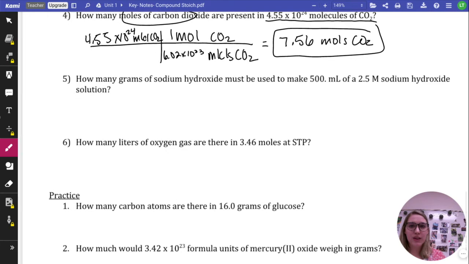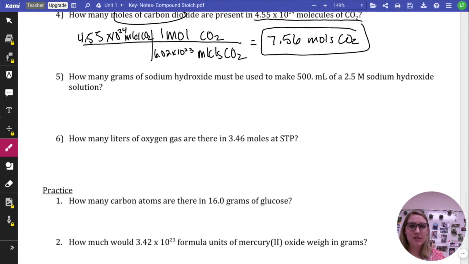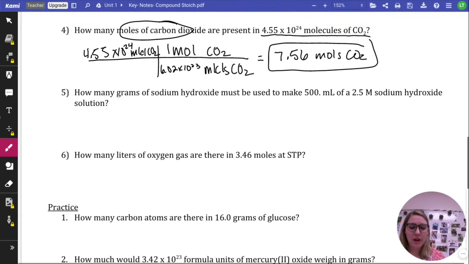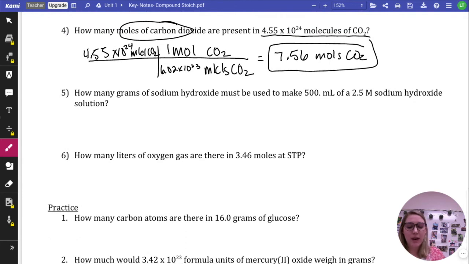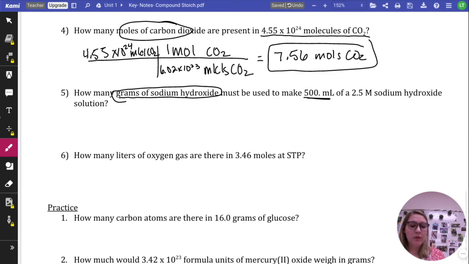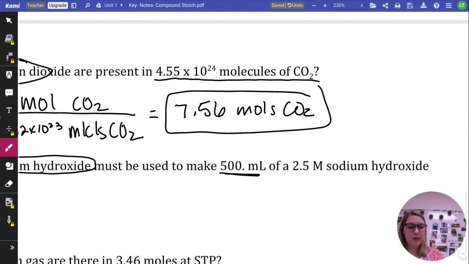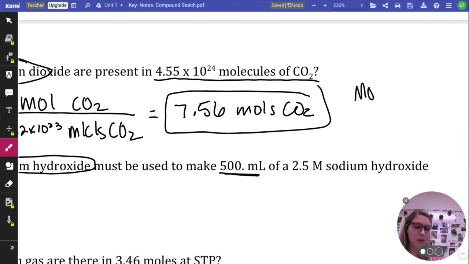So in this first one, I'm going to show you guys how molarity can be used as a conversion factor. Okay, so it says how many grams of sodium hydroxide must be used to make 500 milliliters of a 2.5 molar sodium hydroxide solution. If you guys remember, molarity is equal to moles divided by liters, basically.